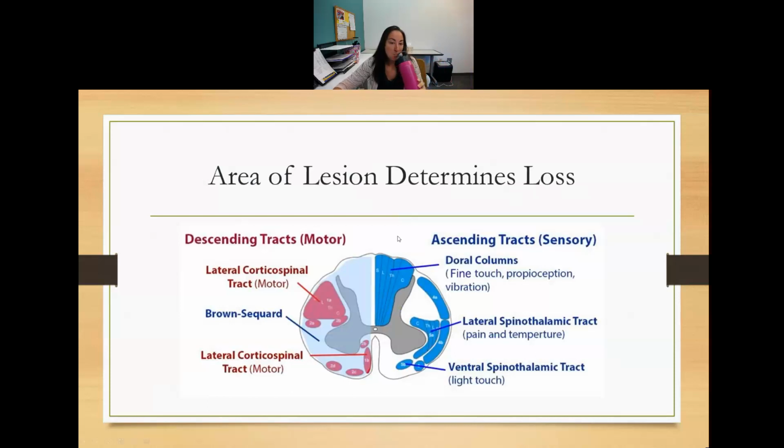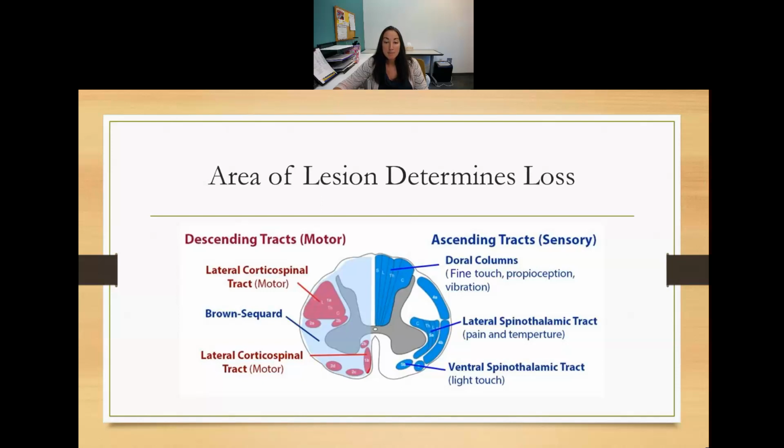Okay, so these are the tracts in the spinal cord. Remember, I mentioned earlier the tracts that descend, they go down the spinal cord, lead to your motor function. So it comes from the brain, it goes down and out the spinal cord to tell your muscle to move. The tracts that ascend the spinal cord come in from the skin, they go into the spinal cord and up to the brain to tell the brain how things feel.